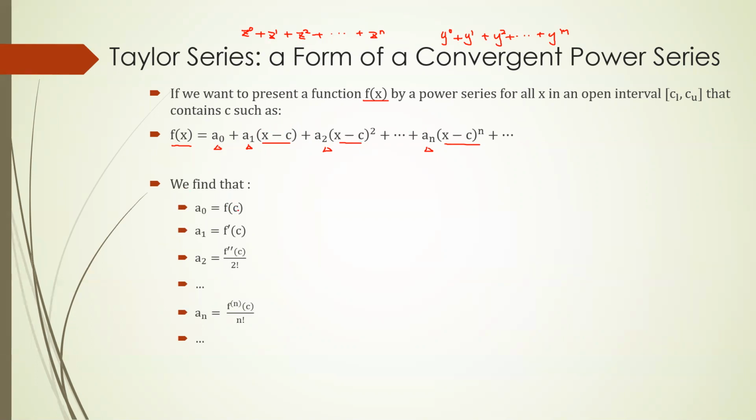So we just plug c into the function f, and that is a0. a1 is the first order derivative of function f with respect to x at x equal to c. And a2 is the second order derivative of function f(x) with respect to x at x equal to c divided by factorial of 2. And keep going. And then we can plug those coefficients into our power series, and what we get is here. This is called Taylor series.